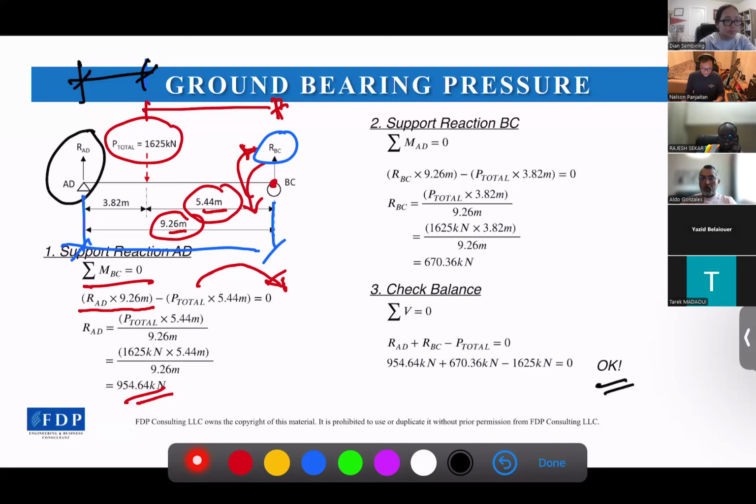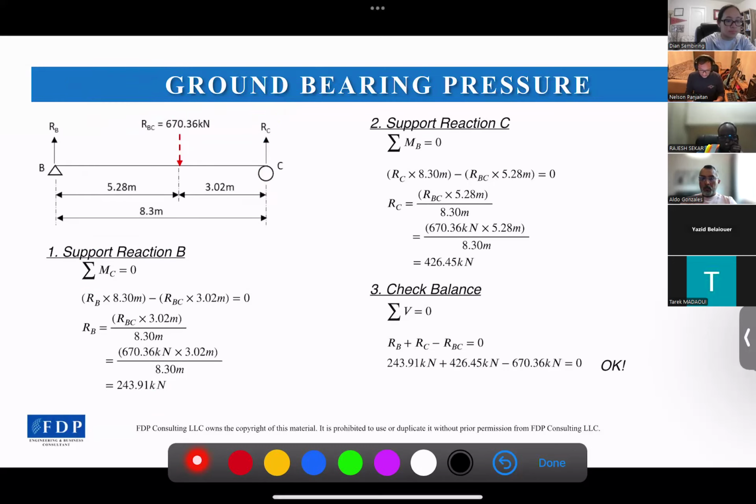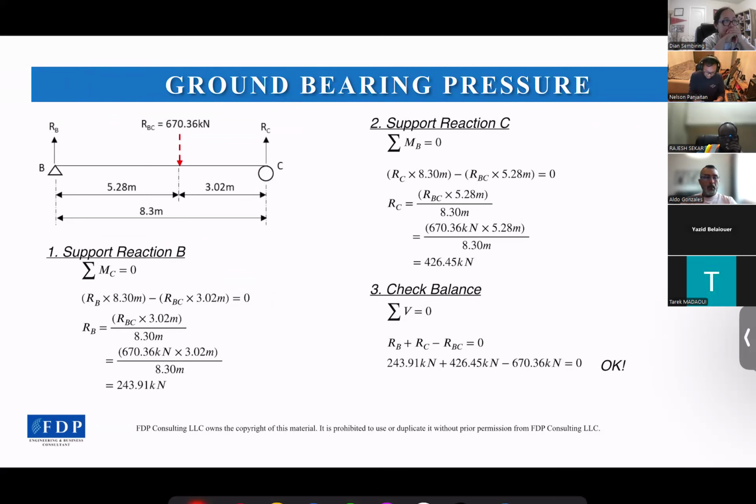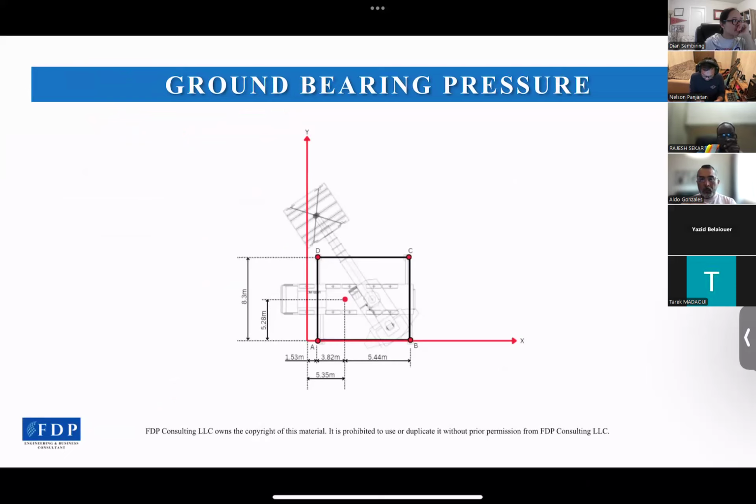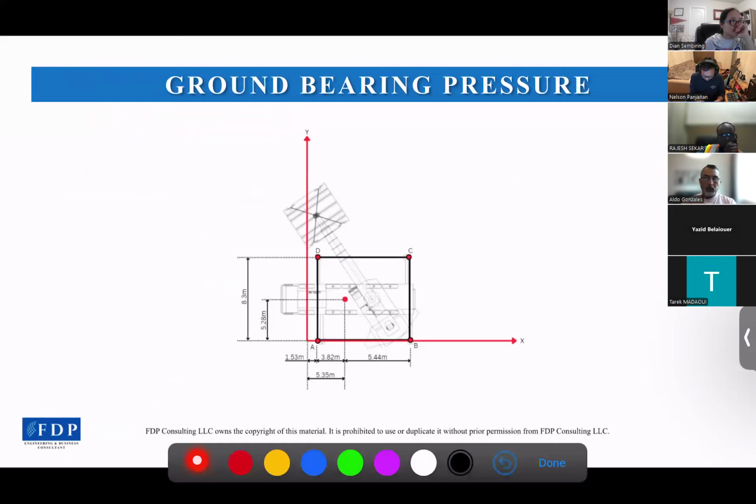Now once we got the reaction for each side, then we can continue to distribute the reaction to each outrigger. So we go back to the COG. First we distribute it to one pair of sides, right?